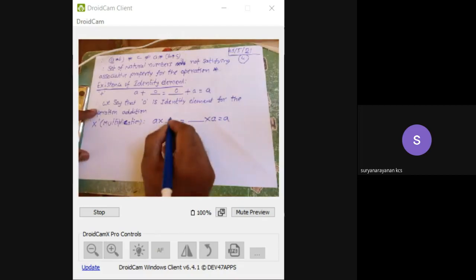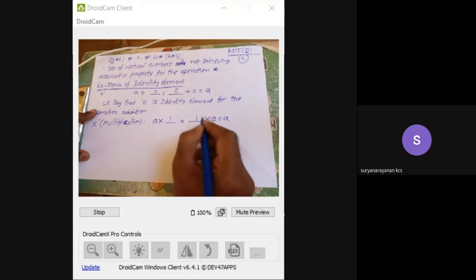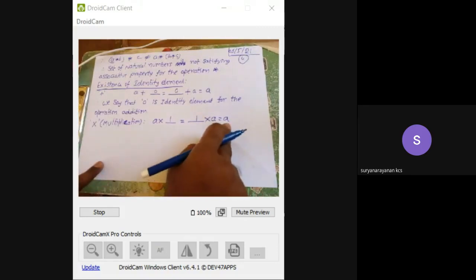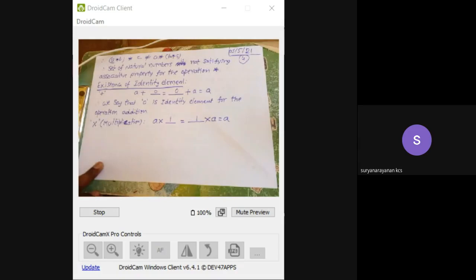Yes, very good, Joseph. A into 1 is equal to 1 into A gives finally the number itself. Yes or no? Understood? Jerome, Jesli Raj, Blessina, Kevin Paul, Ayush Singh, understood this point? What is meant by identity element?